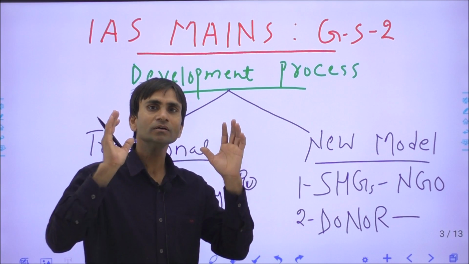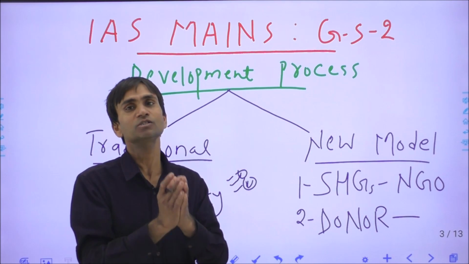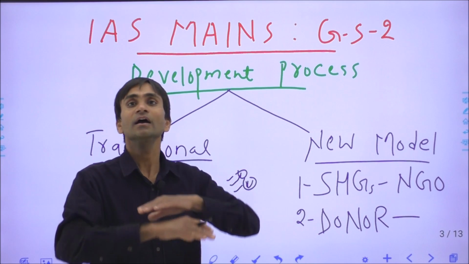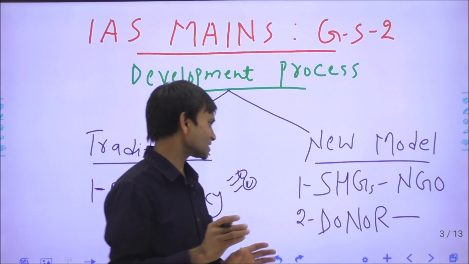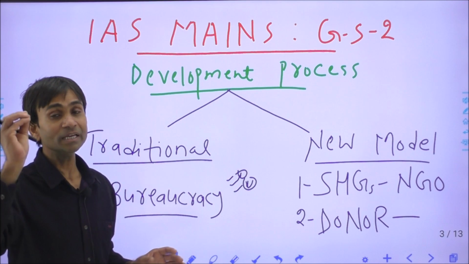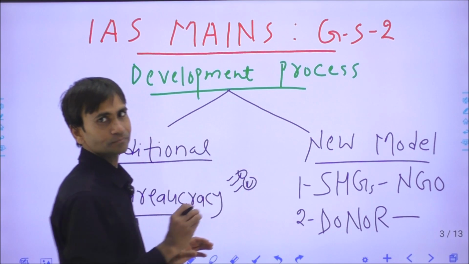We cannot manage all the communities because the size of the community is too large, and the members of these communities are in the millions. So definitely the donor agencies are playing a limited role, and their role must be considered and respected in India.